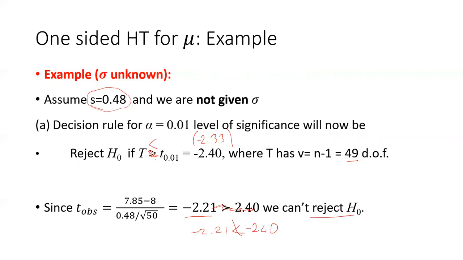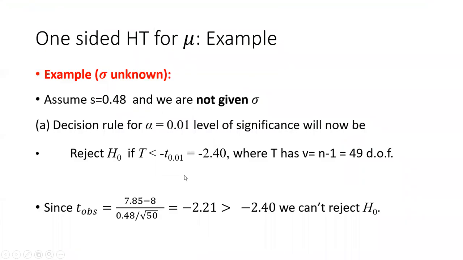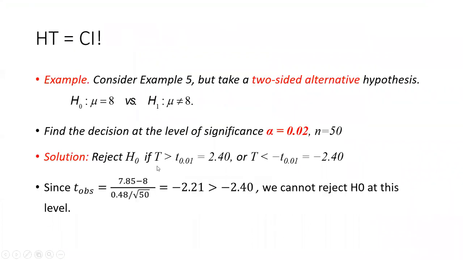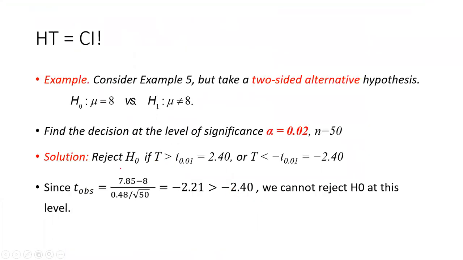Hence, we cannot reject H0. I've just corrected this. If t is smaller than minus t sub 0.01, which is minus 2.40, we will reject the hypothesis, but it's not, so we cannot reject H0.